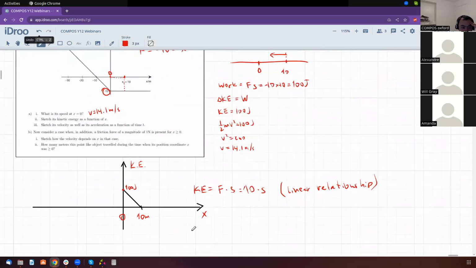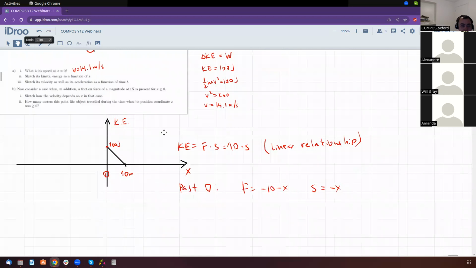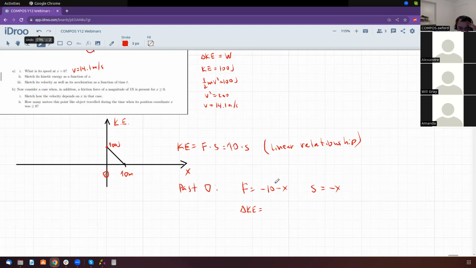The displacement, so past 0, F is equal to -10 minus x, and the displacement is minus x because we're moving backwards, right? So the change in kinetic energy is equal to force times distance.